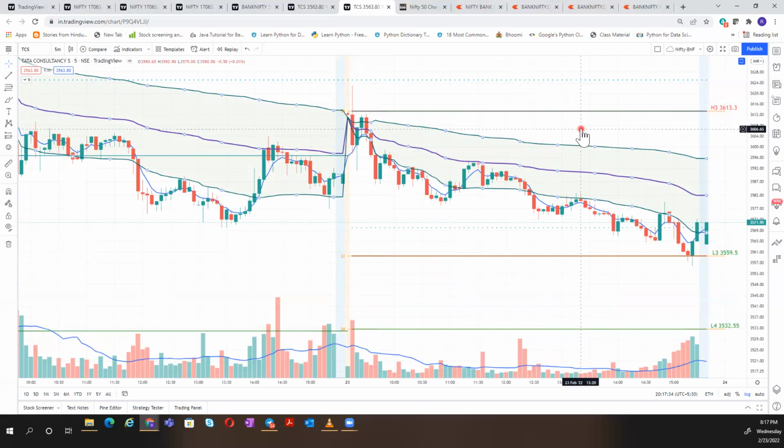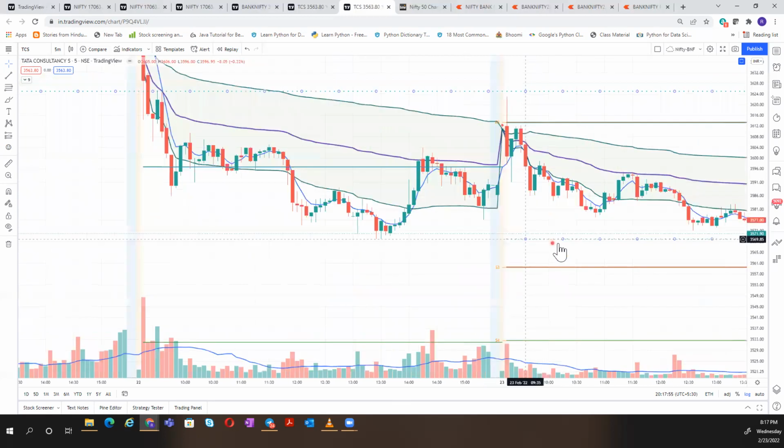When it goes above, we can consider that oversold. Now, when this 5 EMA is below the upper band or lower band, understand market momentum is very strong. As long as 5 EMA is below this band, you can see here.